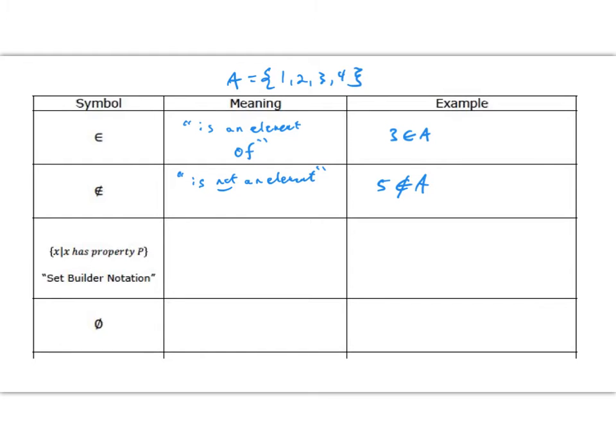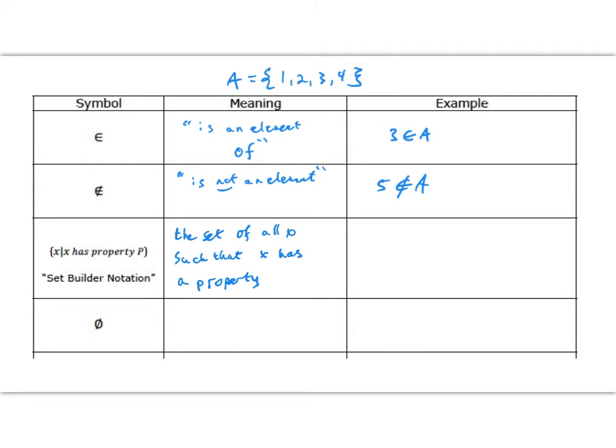You read it as the set of all x, and then that vertical bar means such that x has a property.